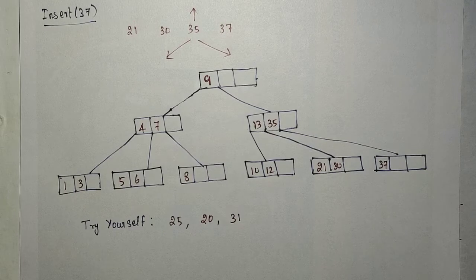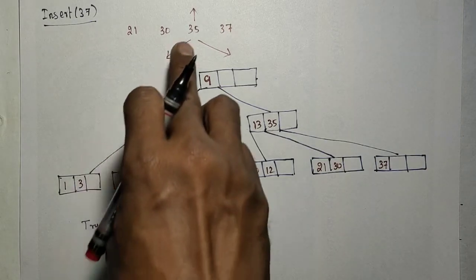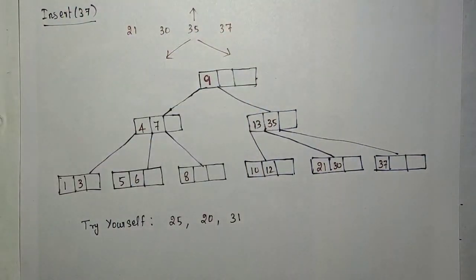If the space is available, we can simply insert. If the space is not available, we need to split that leaf node into two. One element will be moved to the previous level, that is the parent node.